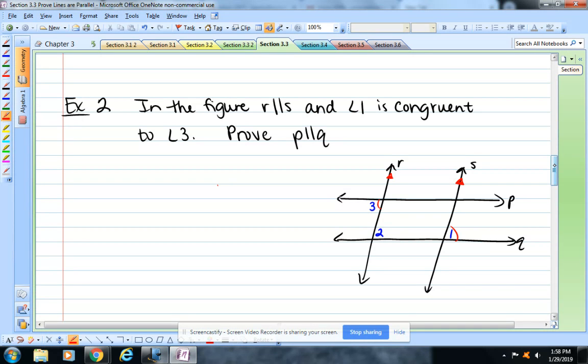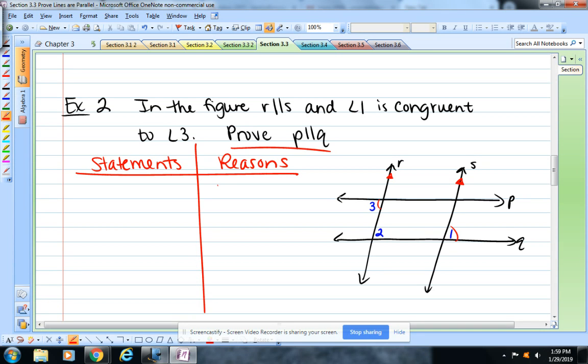So we're going to prove that. Now, anytime it says prove, that means it needs a statements and reasons table. So here we go. Statements and reasons. This is a proof. What is something they gave me?